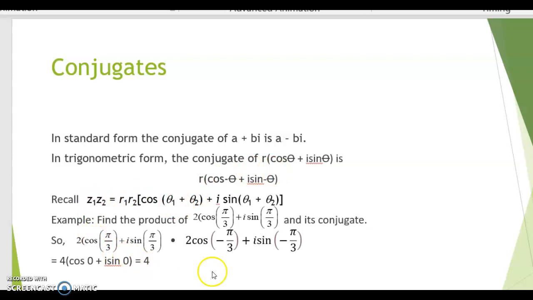And here you have an example that you may use. Another multiplication example of taking the product of a number in trigonometric form and its conjugate, which will be, of course, another number in trigonometric form.